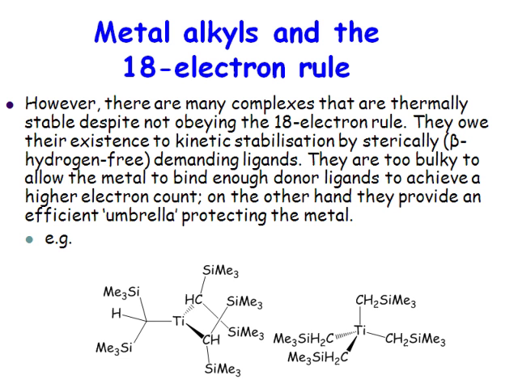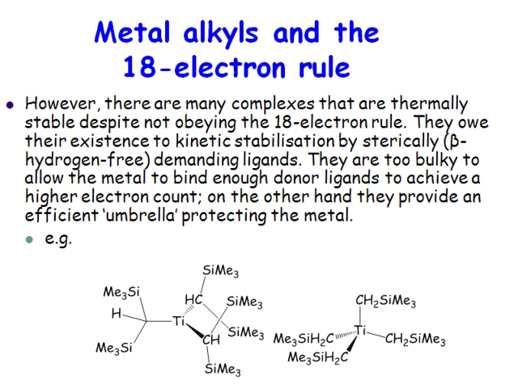On the face of it, it's a relatively easy electron counting problem. You have 4 electrons from titanium, you have 3 alkyl ligands, so this is a 7 electron species. So that species ought to be ringing every alarm bell in the book. It's got an odd number of electrons, it's got as few as 7 electrons, and yet I have to tell you this is a stable compound. It's very reactive, but thermally it's quite stable.